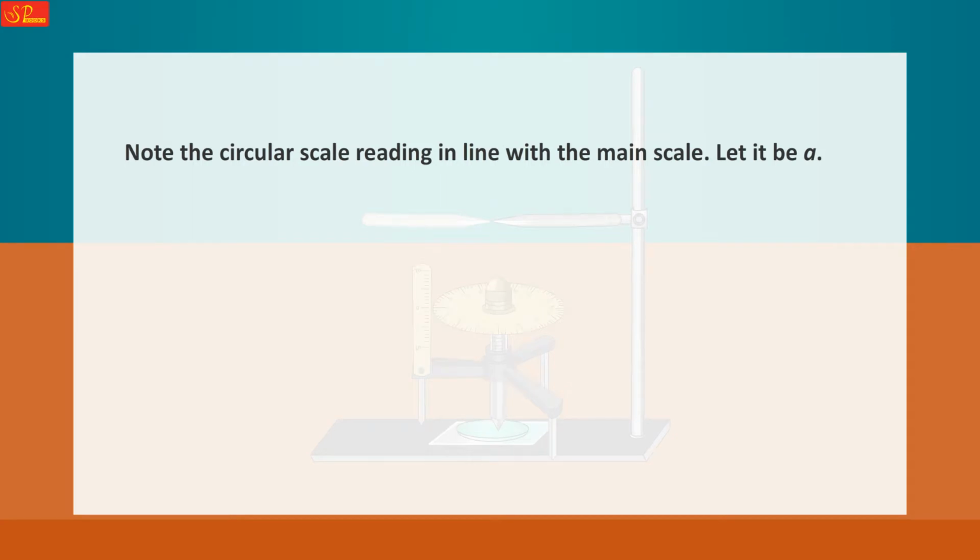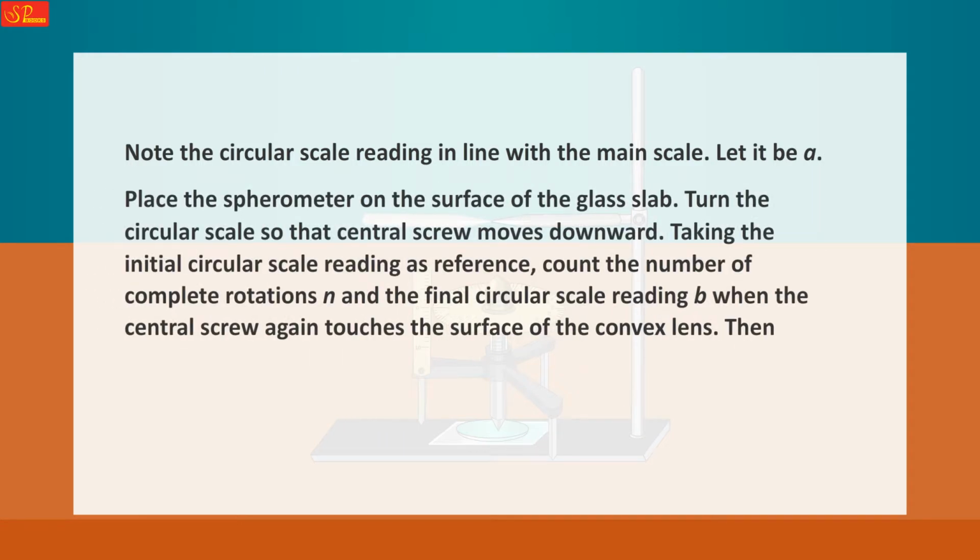Let it be a. Place the spherometer on the surface of the glass slab. Turn the circular scale so that the central screw moves downward. Taking the initial circular scale reading as reference, count the number of complete rotations n and the final circular scale reading b when the central screw again touches the surface of the convex lens.